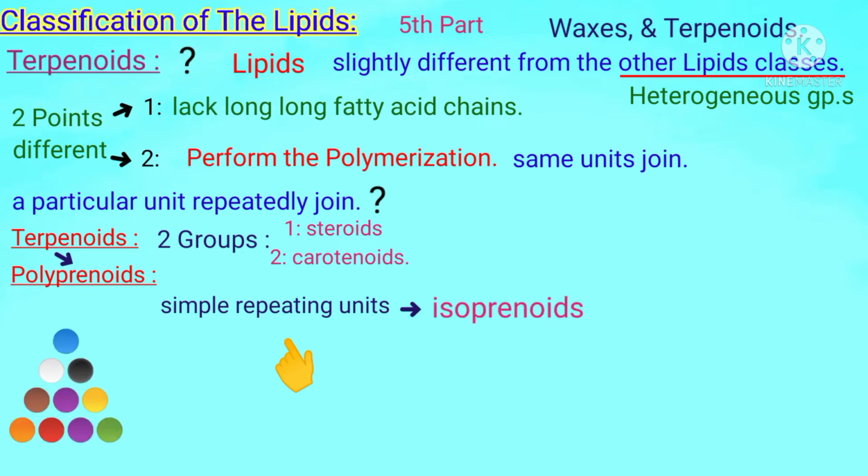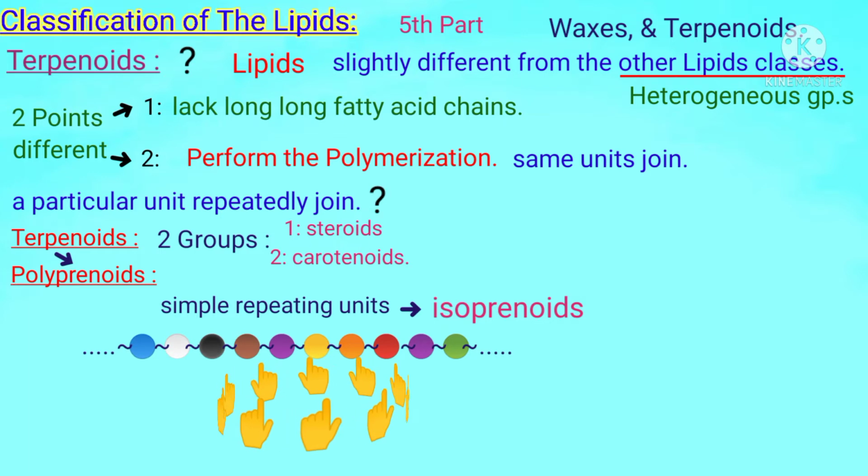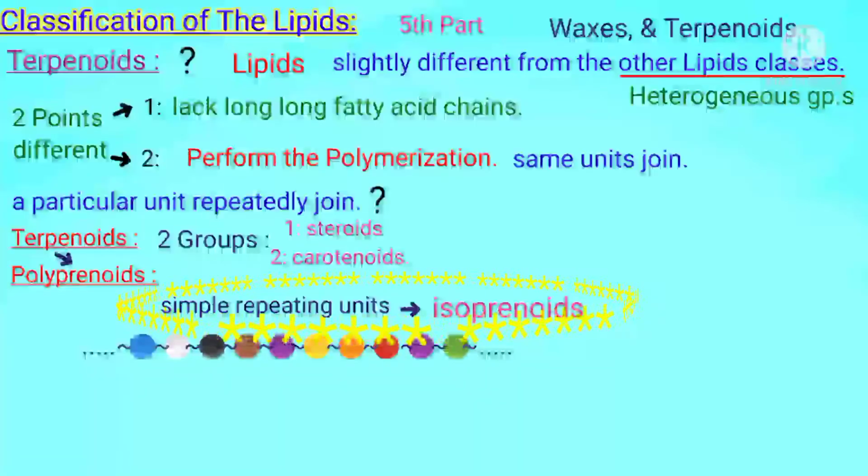When simple repeating units combine, smaller units by combining ultimately form a long molecule, a large molecule. So we can also say that the terpenoids are long chain compounds, so these are also large compounds. Why? Because in terpenoids we have a simplest unit, that is isoprenoid.